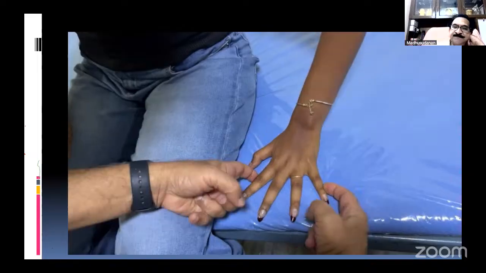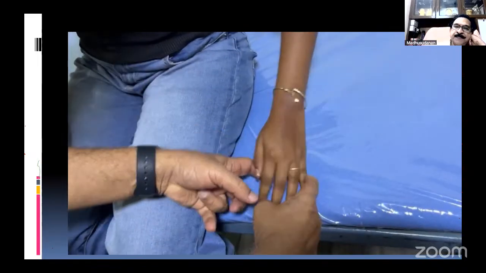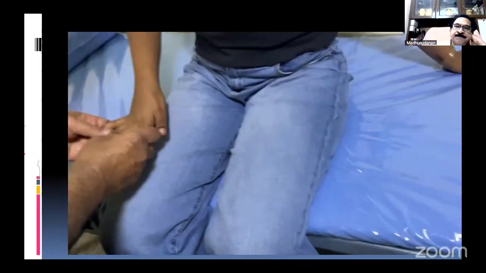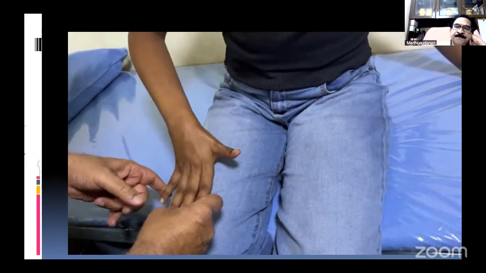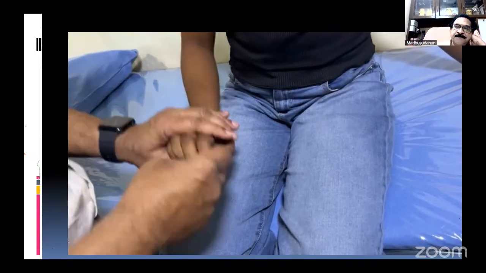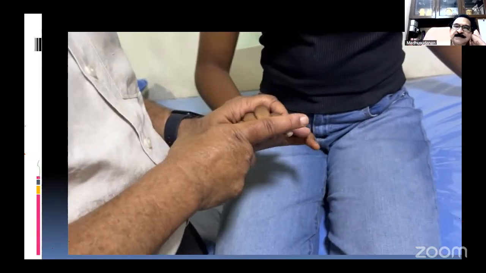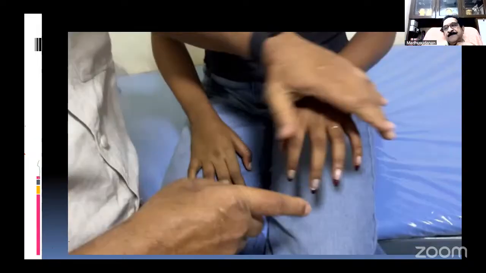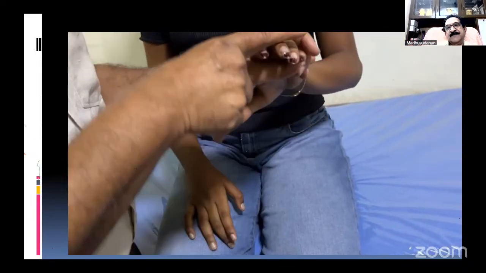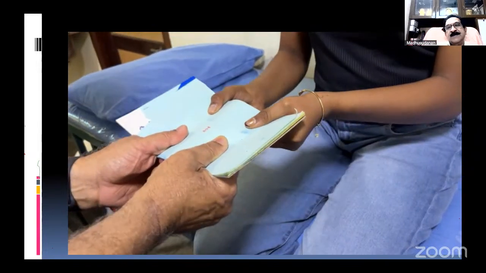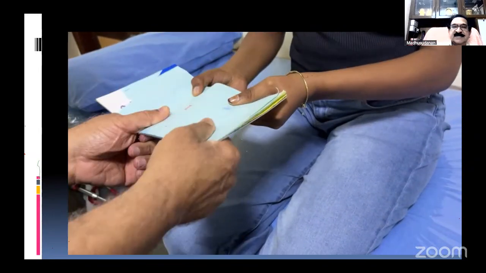Mild weakness is there. That is weak on the right side. That's also weak, slightly more weak on the right compared to the left. Froment's sign is slightly positive on the right, not on the left side.